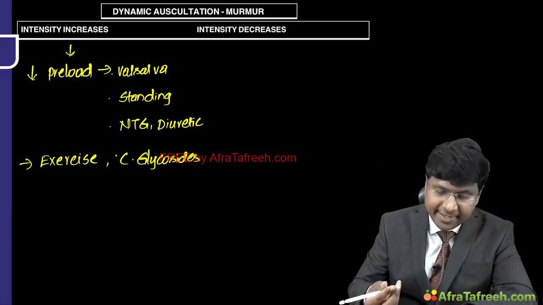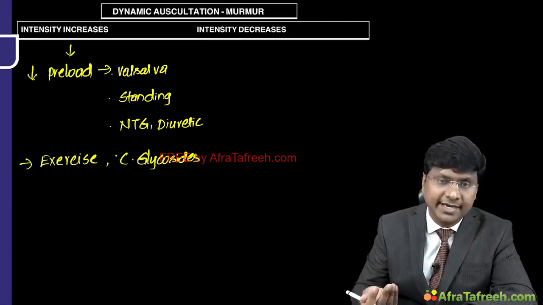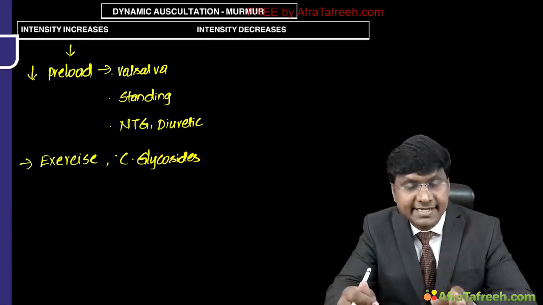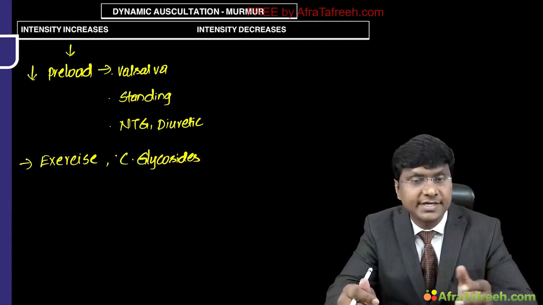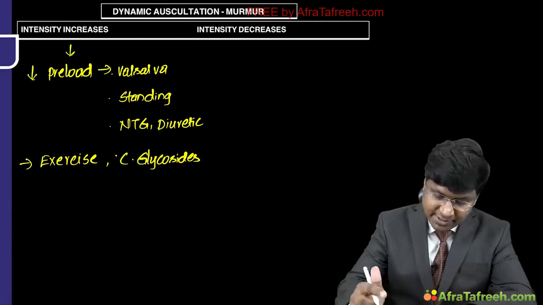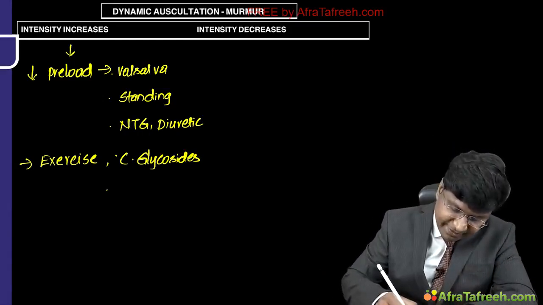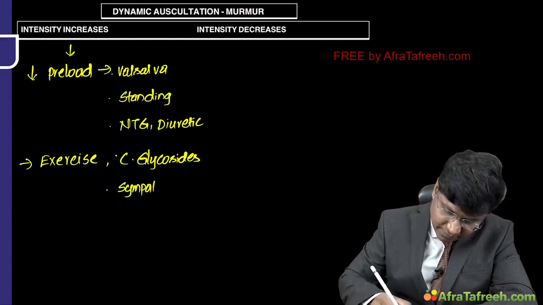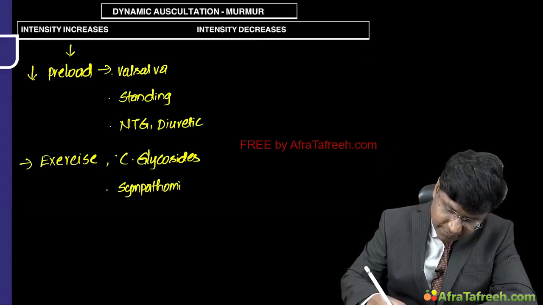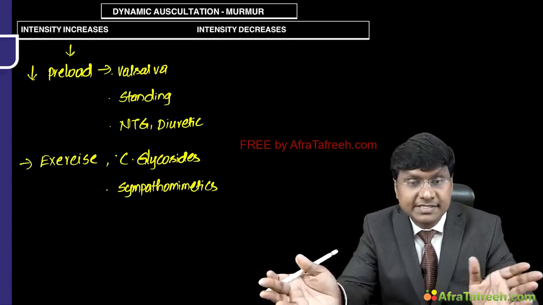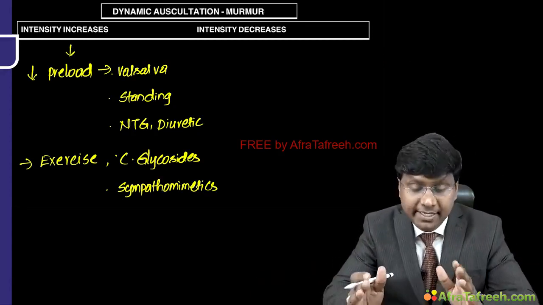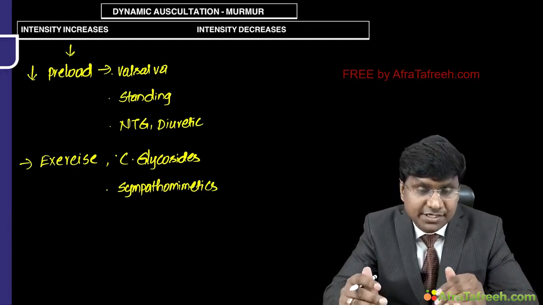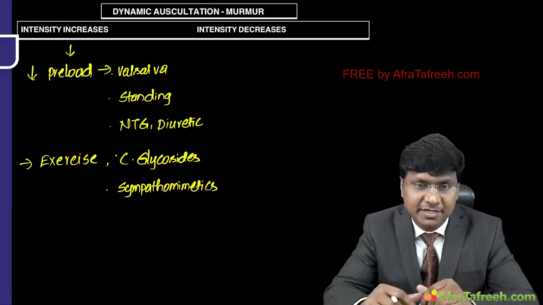Again, the same thing: they increase the contractility, the LV lumen size decreases, obstruction increases, and the intensity of the murmur increases. And next are the sympathomimetic amines. They increase the LV contraction, LV lumen decreases, obstruction increases, and the intensity of the murmur increases.